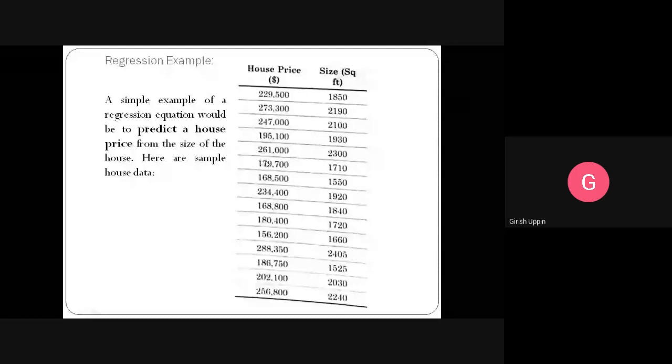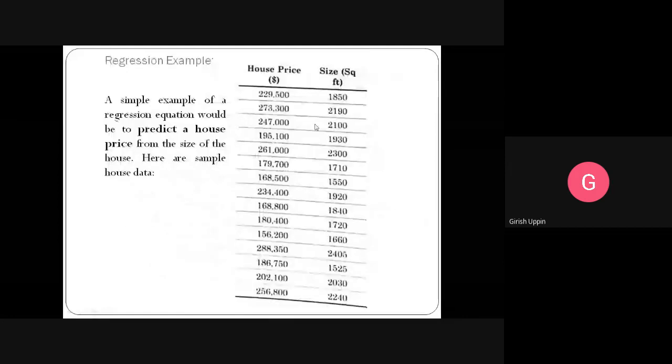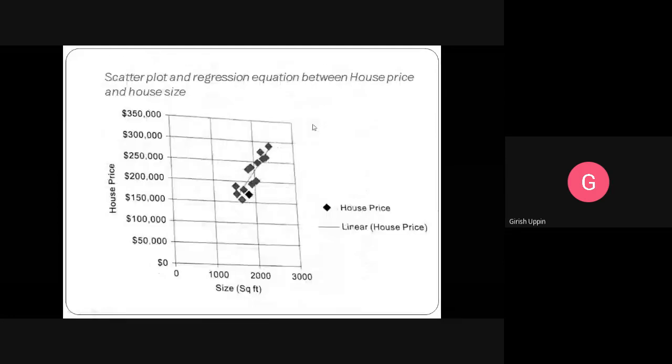So we have all these data elements, and if we plot them as a scatter plot, x axis being the size in square feet and y axis being the house prices, represented in thousands of dollars, whatever data points have been given are plotted here.